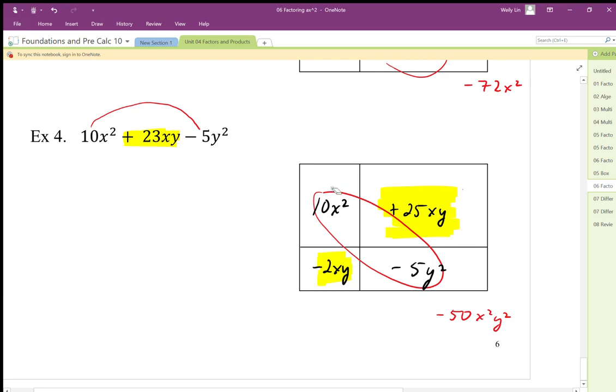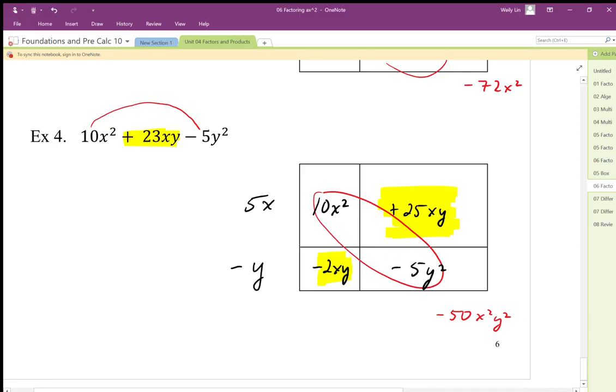When I factor this now, we have to make sure that we know where all the x's and y's go. There's no common factor. Well, let's look at the numbers. The common factor of the numbers is going to be 5. There's a common x, but there's no common y here. Down here we have a common negative, no common x, 1 y.